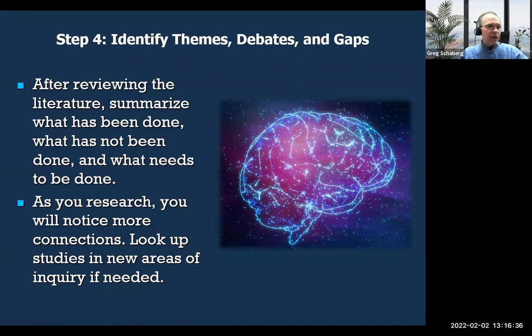So after you review the literature, you've done the research, you've narrowed your focus, what we'd suggest you do is brainstorm a little. Summarize what's been done in the field. Just take everything you've looked at, look over your annotations, and write out what has been done. Think about what has not been done.